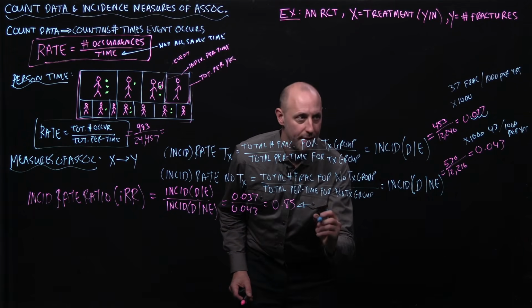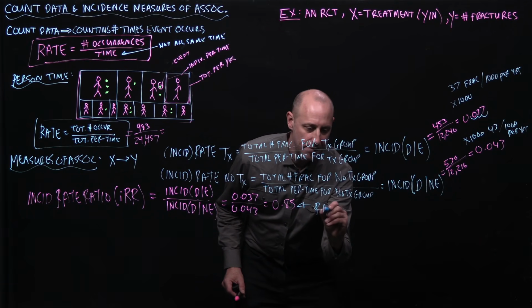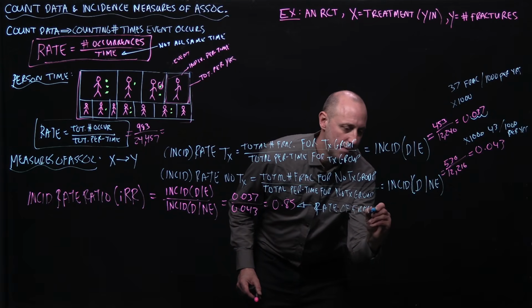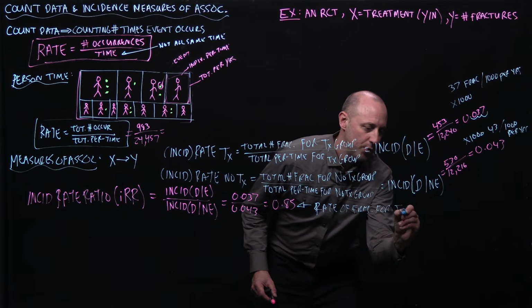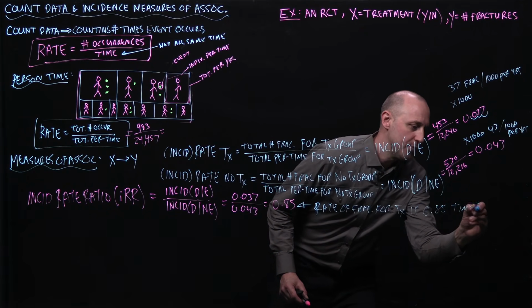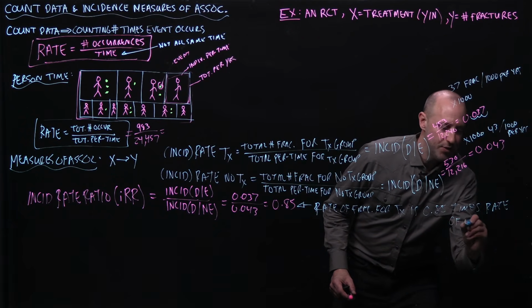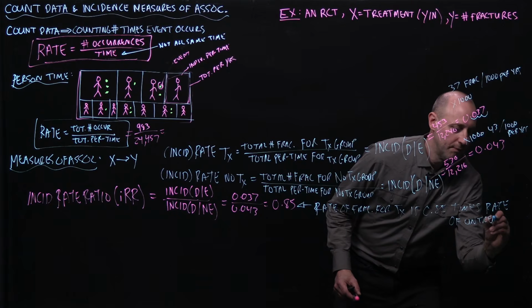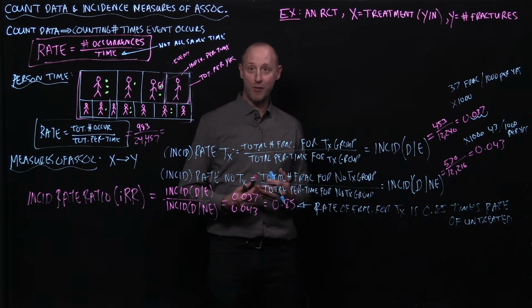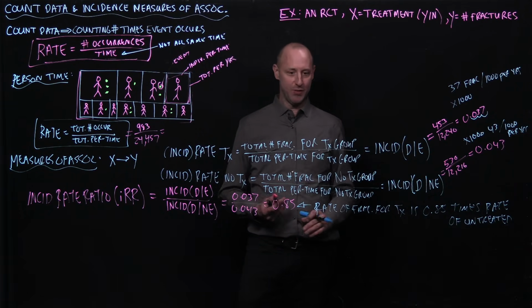Okay, so the rate of fractures for the treated group is 0.85 times the rate of the untreated. So you can say the number of fractures, or the rate of fractures for those on treatment, is 0.85 times the rate of the untreated.